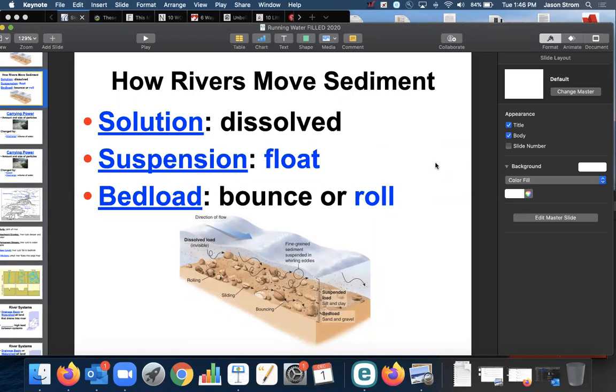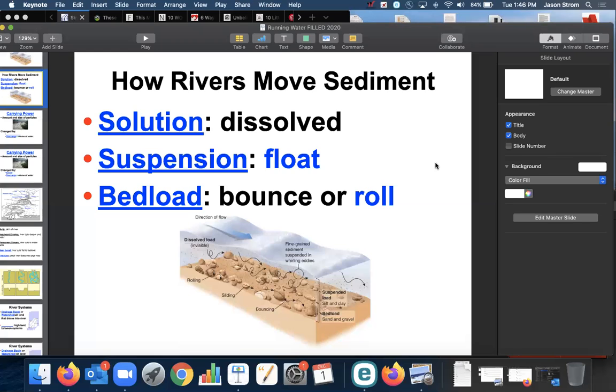Suspension is just like a suspension bridge, like the Golden Gate Bridge, where the bridge is held up by suspenders. This is where the sediment is kind of held up in the water because the water is moving. While the water is moving, it has kinetic energy, and that energy is enough to keep the sediment suspended in the water as it moves.